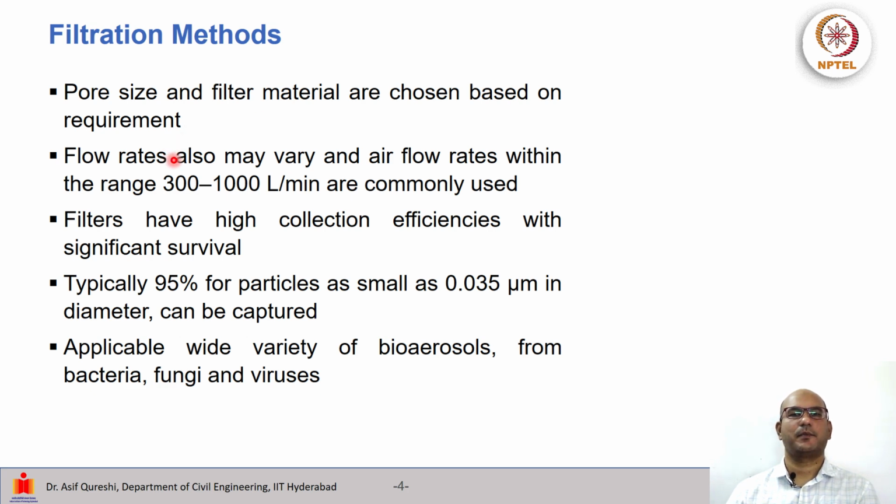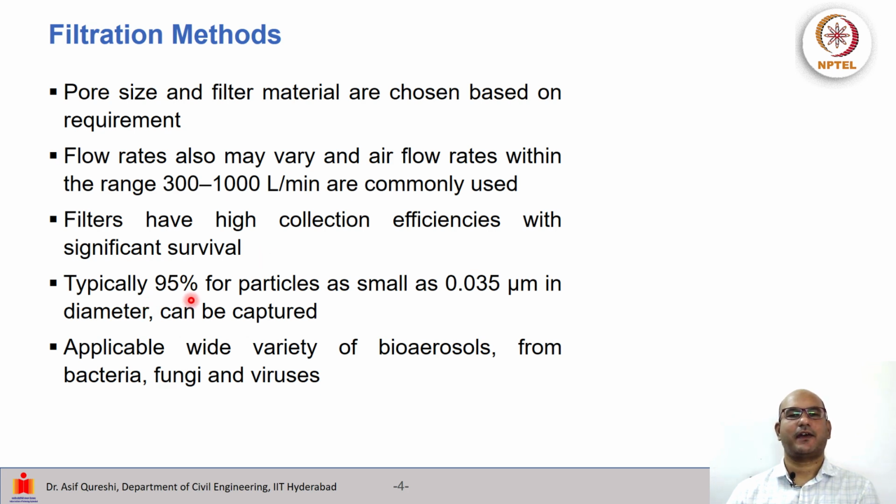The flow rates may also be varied, and generally flow rates in the range of 300 to 1000 liters per minute are quite commonly used. These filters have a high collection efficiency and also a good survival rate of the microbes.